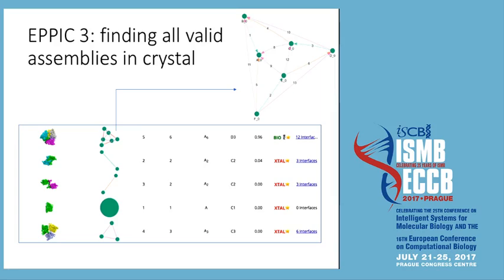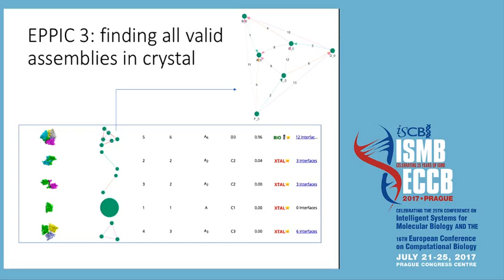We can now enumerate every assembly in the crystal. This is an exhaustive enumeration of all possible assemblies, not only the one that we think is the actual quaternary structure, our prediction, but also others. For instance, there's the hexamer, but there are also two different dimers, a monomer and a trimer in that crystal.